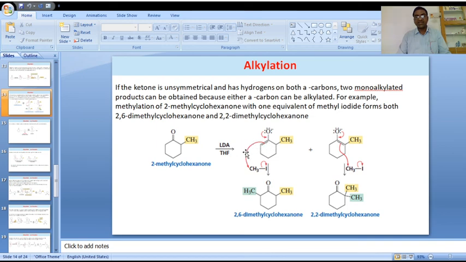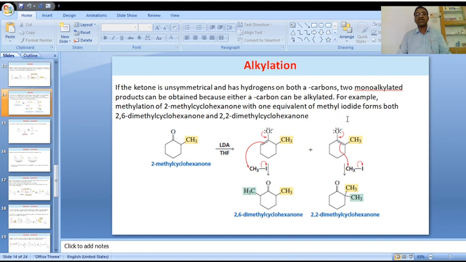In that case, attack of methyl on the alpha position, that is the left hand side, gives 2,6-dimethyl cyclohexanone. If the methyl attacks on the right hand side, in that case we'll get 2,2-dimethyl cyclohexanone. Is it clear?